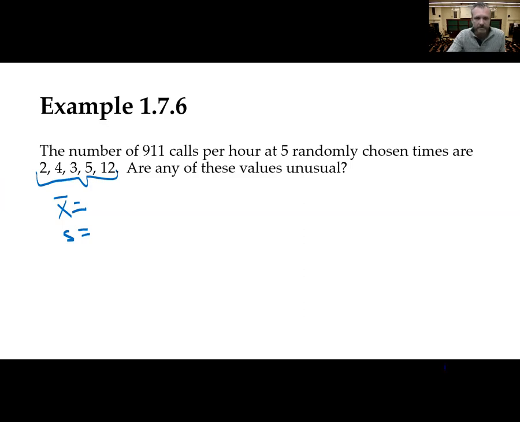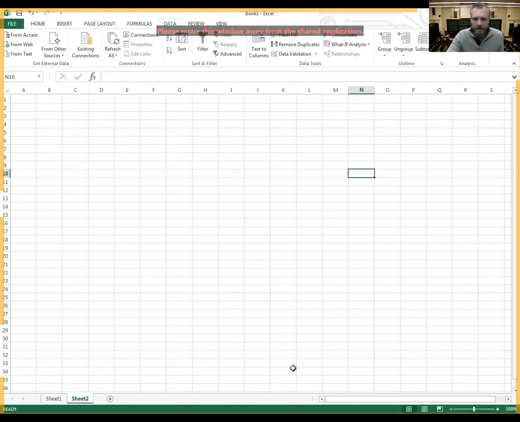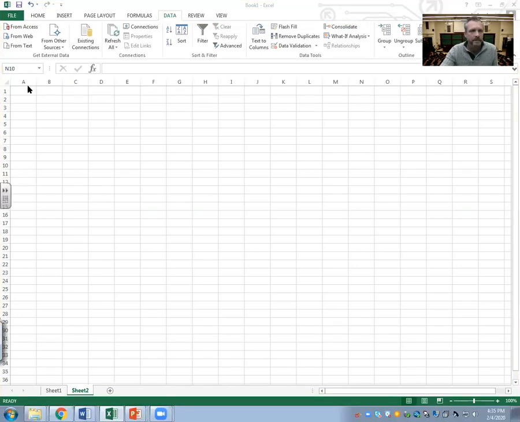So I'm going to share my Excel screen. I'll get it here in a second. There it is. Okay, so we're going to share Excel, and I can show you what I do here.